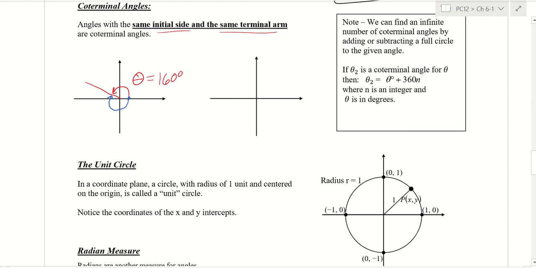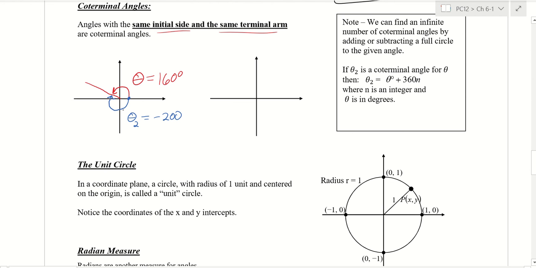So here, this particular angle, let's call this theta 2. If this first angle in red is 160 degrees, then this second angle in blue should be negative 200, right? Because our reference angle here is 20 degrees.